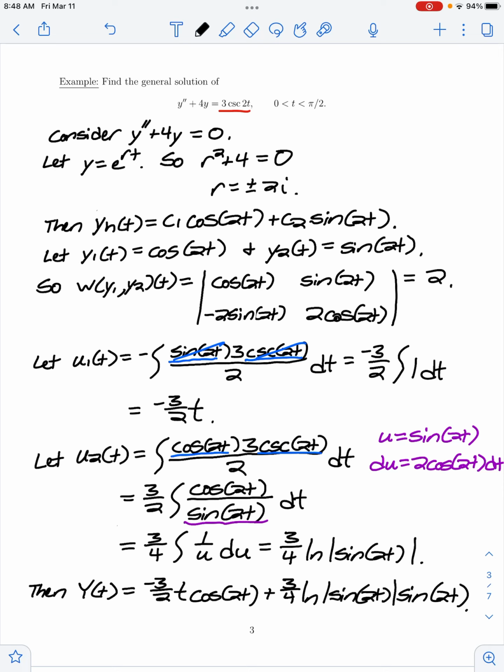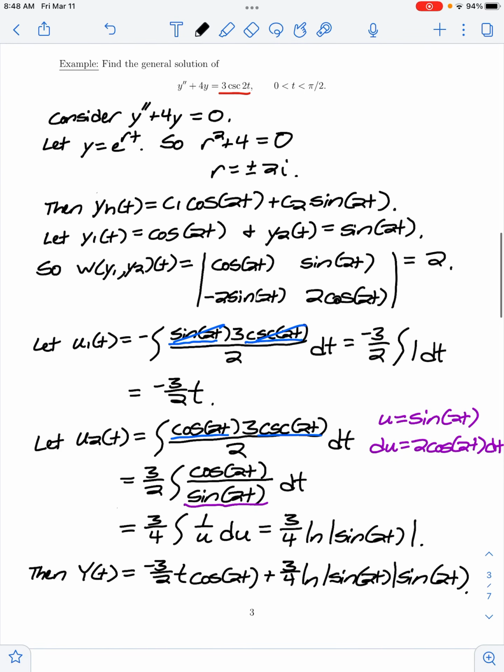And so once we have our particular solution, our general solution is then just the sum of our homogeneous and particular solutions.